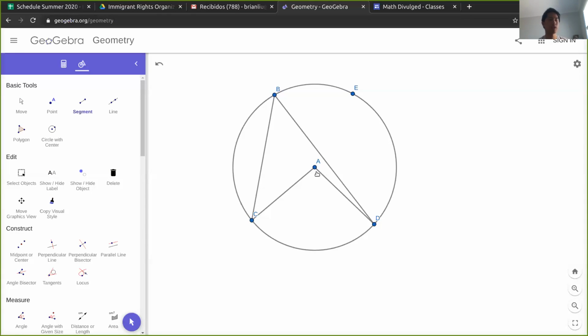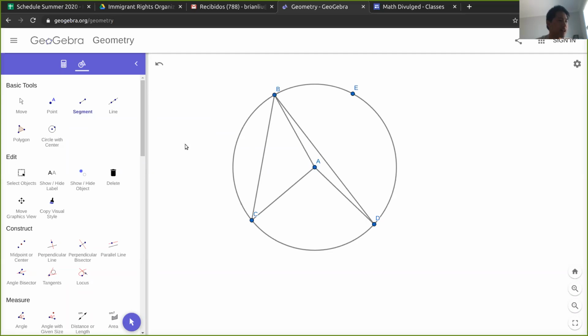And so we go back to our starting, to our basically our definition of the circle. And so the definition is that A is equidistant from B, C, and D. So we can draw AB as well.